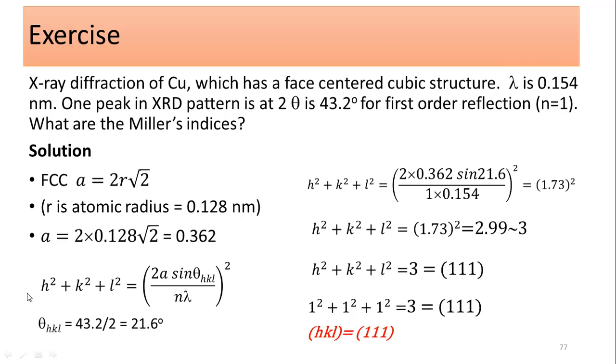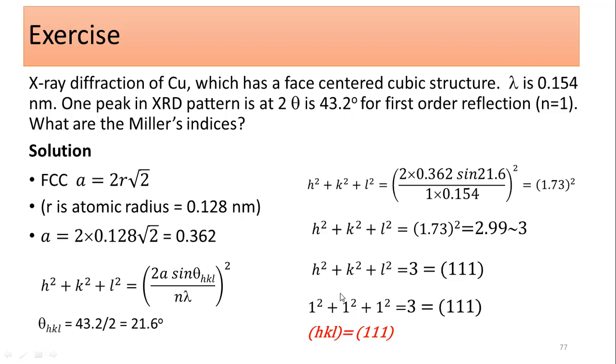Now you can use this equation as we have derived before, and you just put the values of all these over here. Another important thing is this is the value of 2 theta, 43.2 degrees, so you have to divide by 2 to get the value of theta, because in the data 2 theta is given.